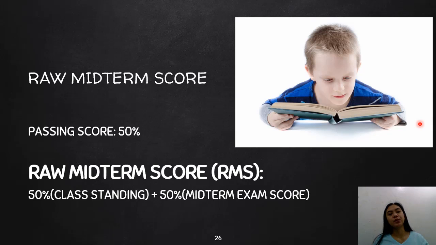So first is your raw midterm score. For architecture students, I was informed that the passing score is 50%. So that means 50% of the class standing plus 50% of your midterm exam score will give you your raw midterm score.